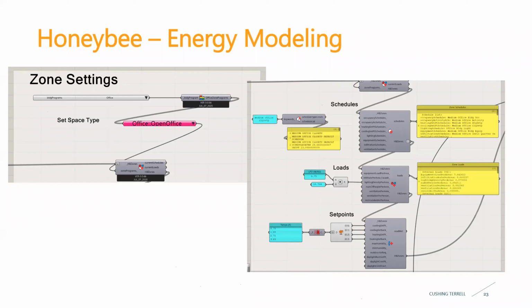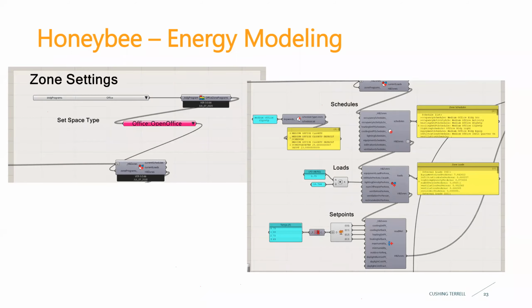Like for an office, you have your open office, but you've got closed office, conference room, that kind of thing. If you want, you can assign each zone its own program. But to keep things simple in the script, I just have everything as open office. Once you've assigned its zone program, you can choose if you want to or not assign or modify the schedules.